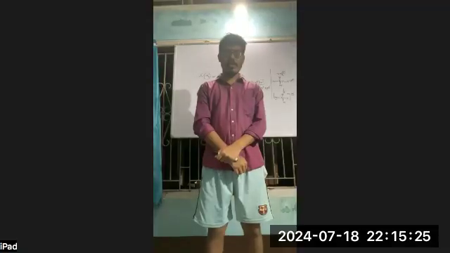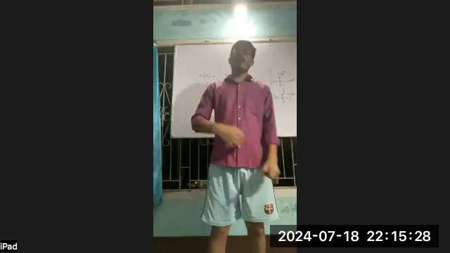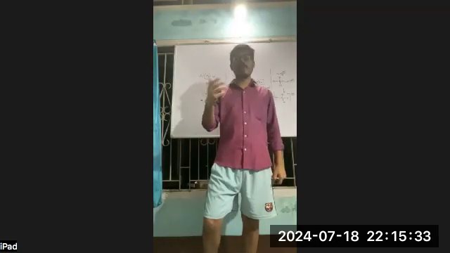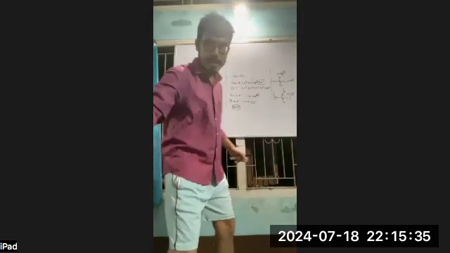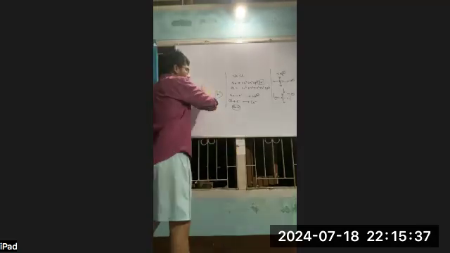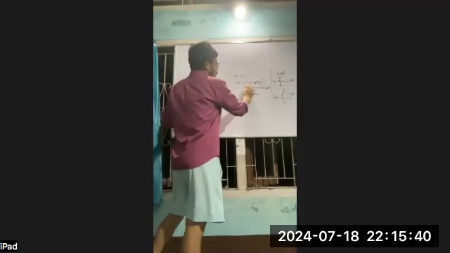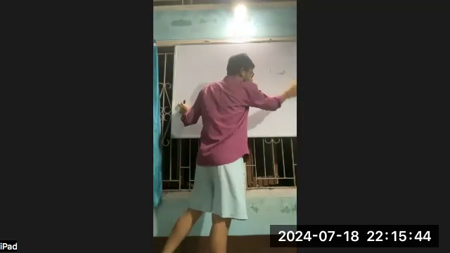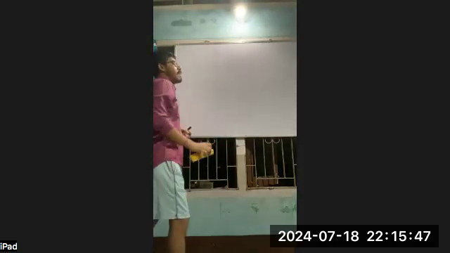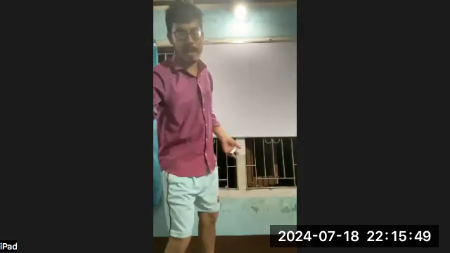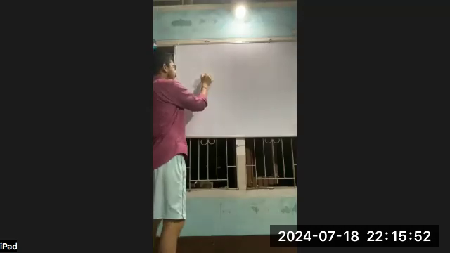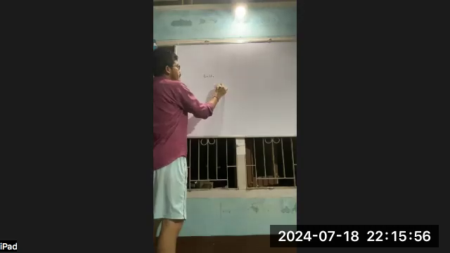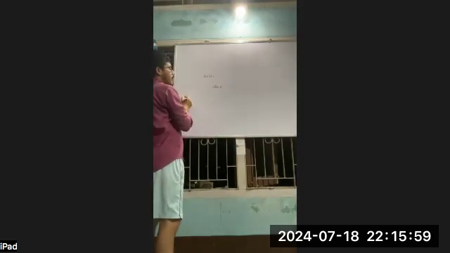Limitation of the octet rule. If we see the molecule of beryllium chloride, basically in the octet rule, a molecule has to get 8 electrons in its valence shell. It can happen by sharing of electrons or by losing of electrons. In beryllium chloride, beryllium has 2 electrons in its valence shell, and chlorine has 7 electrons.